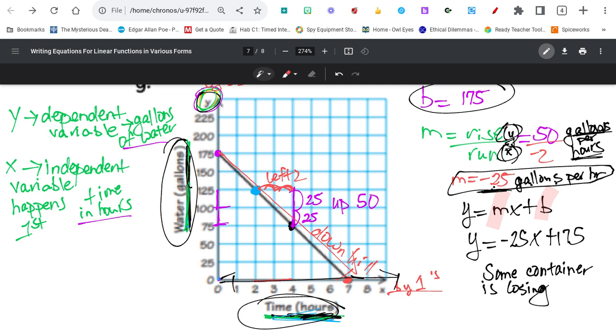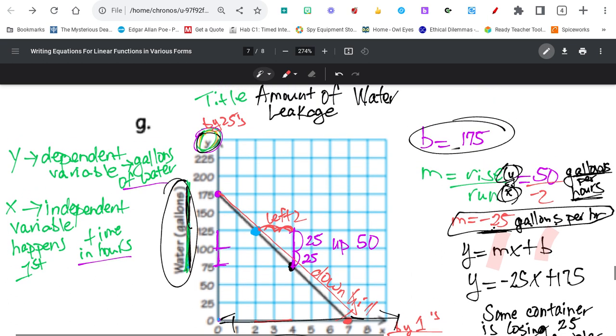Well, it's negative. If it were positive, it'd be gaining 25 gallons per hour. Some container is losing 25. I'm going to put GL for gallons. The container is losing 25 gallons of water per hour.